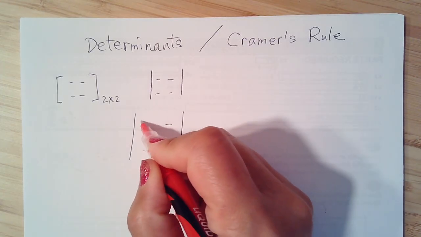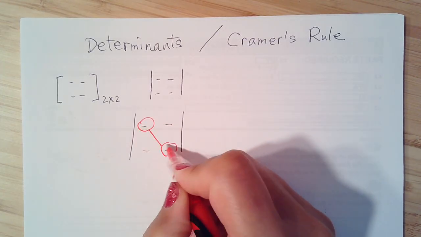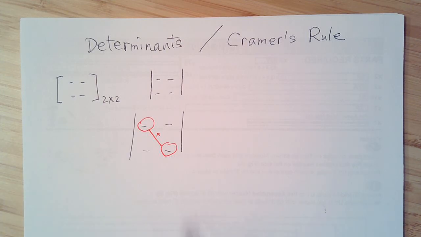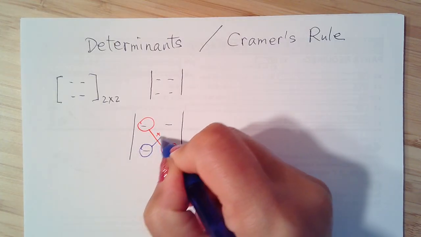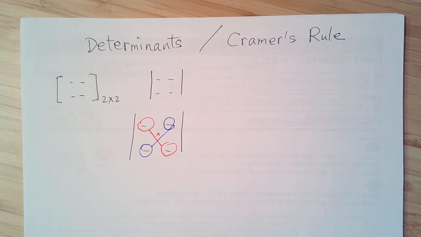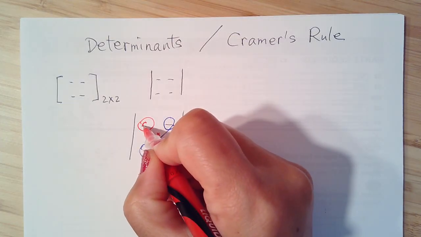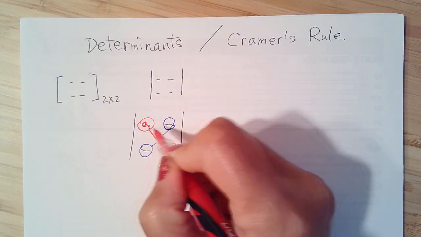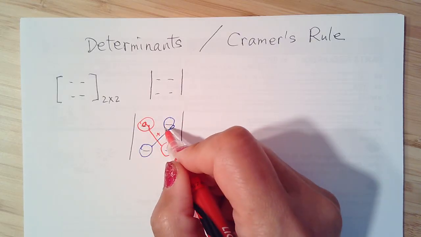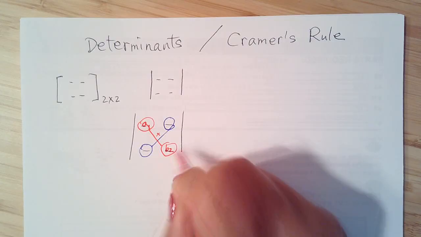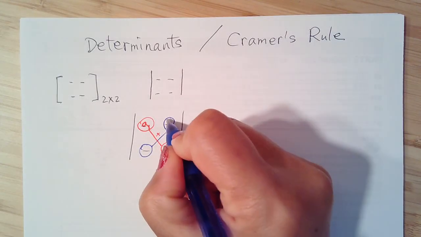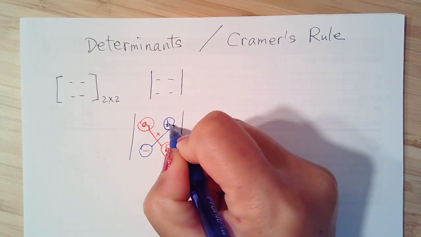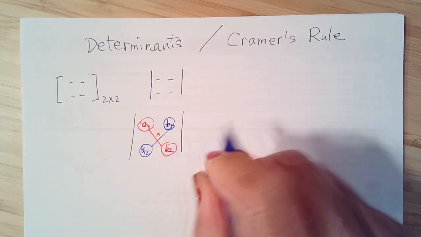What you need to do is use this one times this one, and then use this one times this one. Let me call these A1, here B1, here B2, and A2.